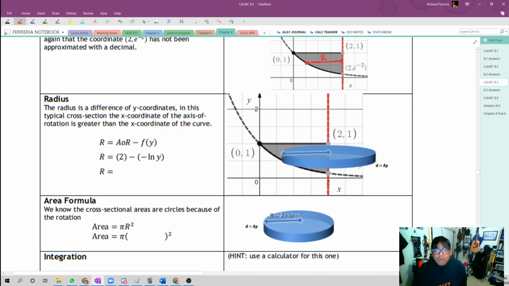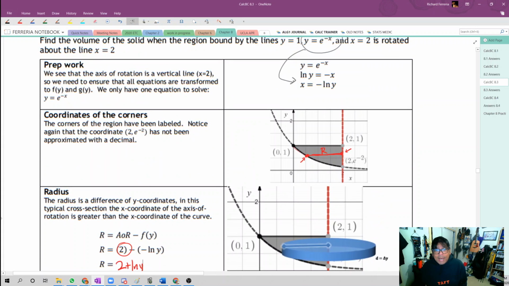So the x-coordinate on the right side minus the x-coordinate on the left side. So the x-coordinate on the right side is 2, and it's always going to be 2. And the x-coordinate on the left side is equal to negative natural log of y. So this makes our radius 2 plus the natural log of y.